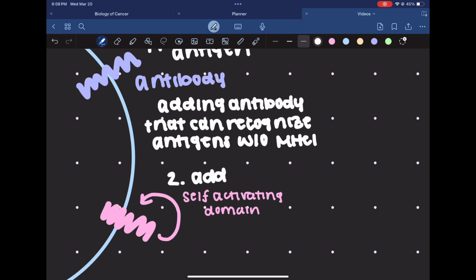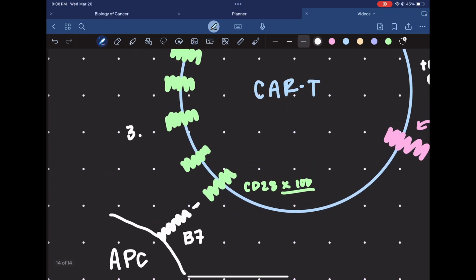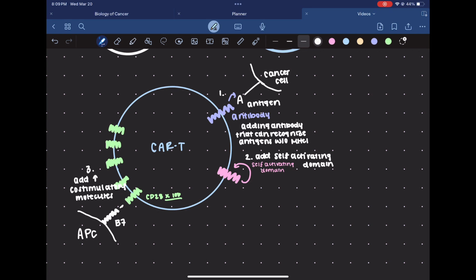We're going to add a self-activating domain. And lastly, we're going to add more co-stimulatory molecules. Right? So these are our three big adjustments that we're initially making to our CAR T cells.